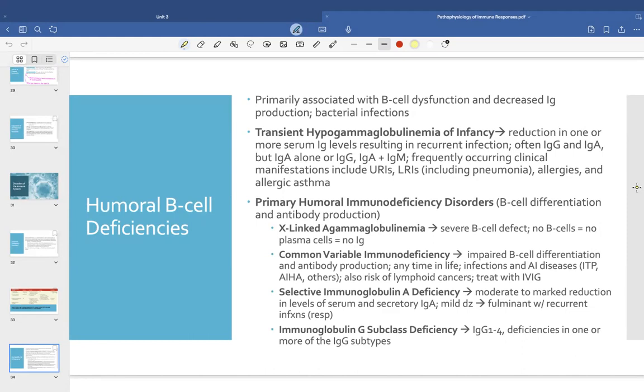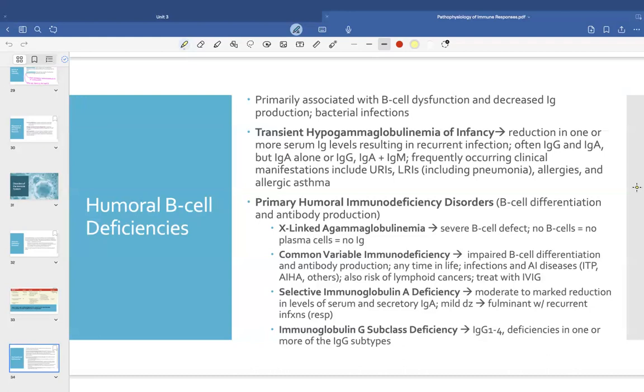So you have transient hypogammaglobulinemia of infancy. This is transient because essentially it's delayed. And remember, baby gets everything from mama until about 6 months of age, and then they start producing all their own. But sometimes it's delayed, usually by a year or 2 years, and then they're caught up.